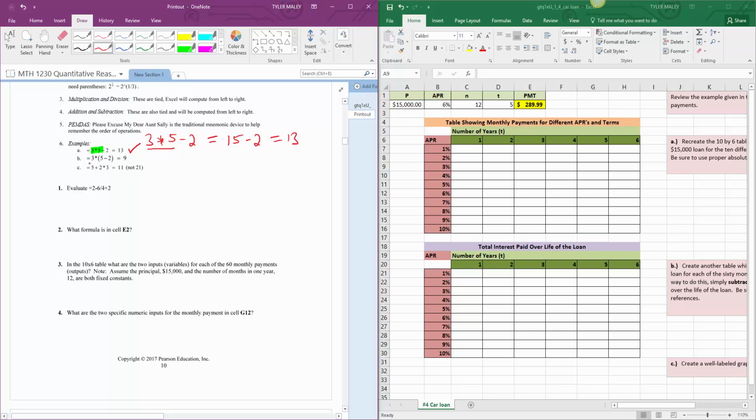So for part B, though, what you would end up doing first is the parentheses. So 5 minus 2. Since there's parentheses around that, we would take 3 times, and then 5 minus 2 is 3. So 3 times 3 is 9. And then lastly, part C, we have 5 plus 2 times 3.